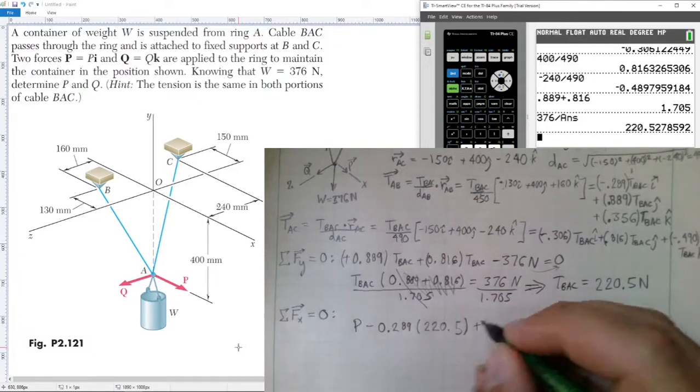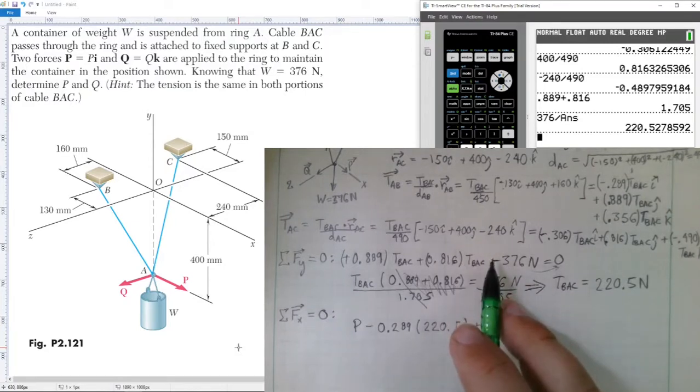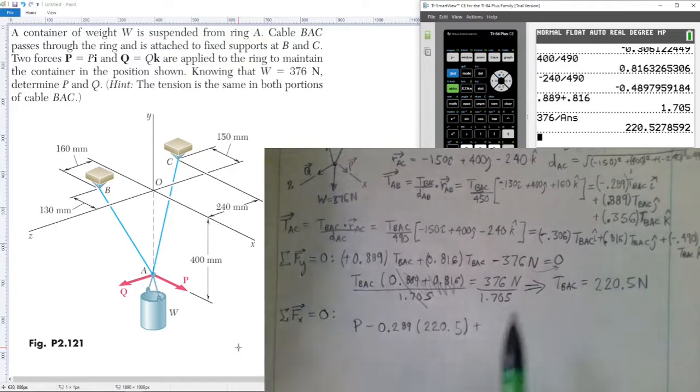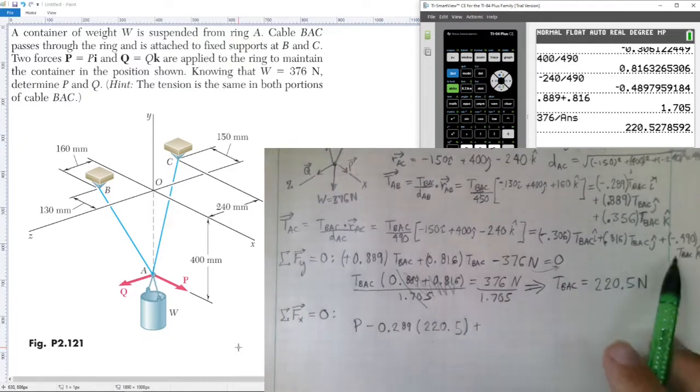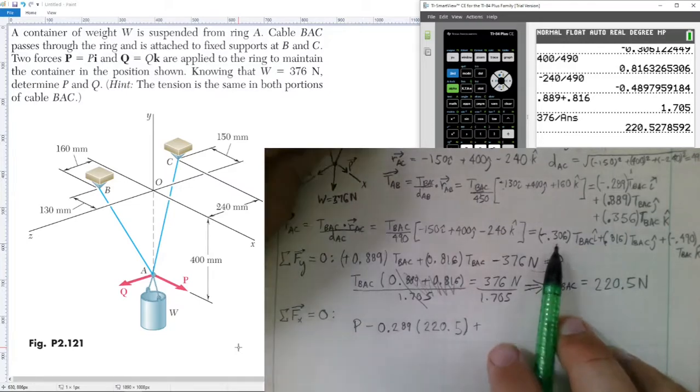I'm going to add in the next component. All right, tension A to C. Well, this has a component in the x direction. That's right, negative 0.306.